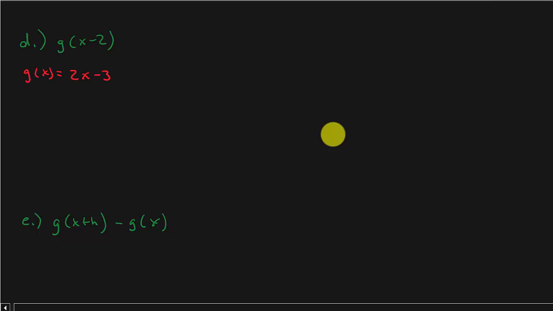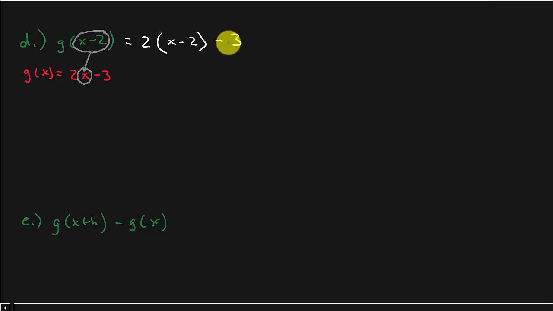It's the same thing. We're going to take the x minus 2, and we're going to plug it in for x. So this is going to be 2 times x. Well, what are we putting in the place of x? x minus 2. So 2 times x minus 2, and then minus 3.